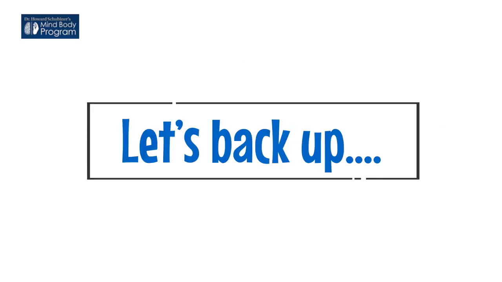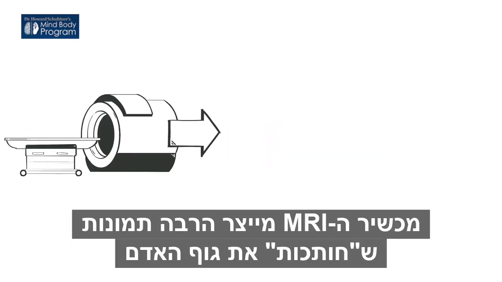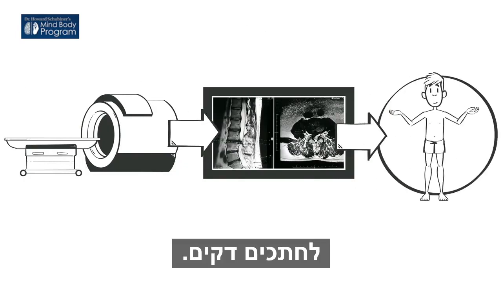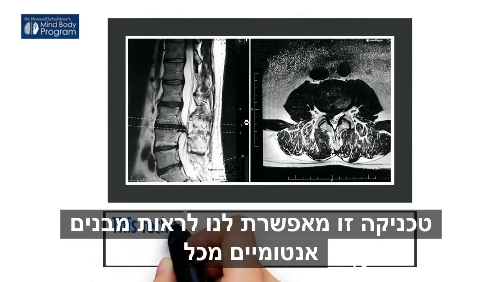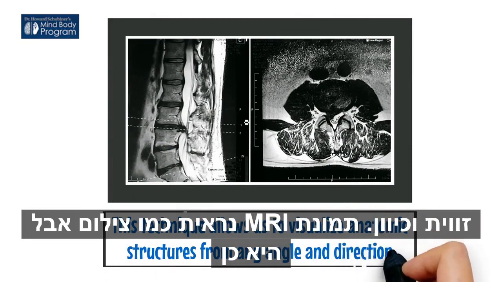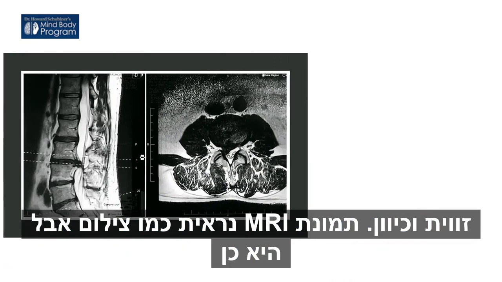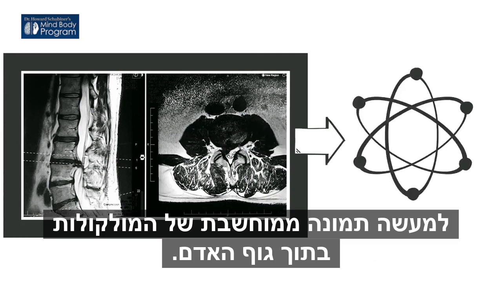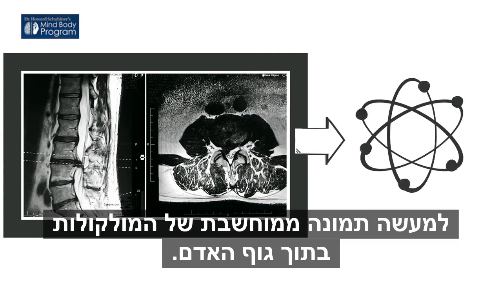Let's back up. The MRI machine produces a lot of pictures that slice the human body into thin sections. This technique allows us to visualize anatomic structures from any angle and direction. An MRI image looks like a photograph, but it is actually a computerized image of the molecules inside the human body.